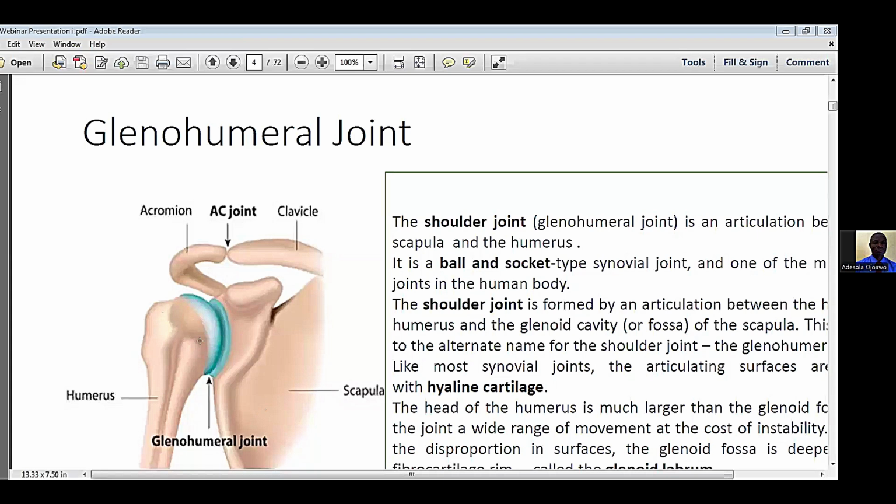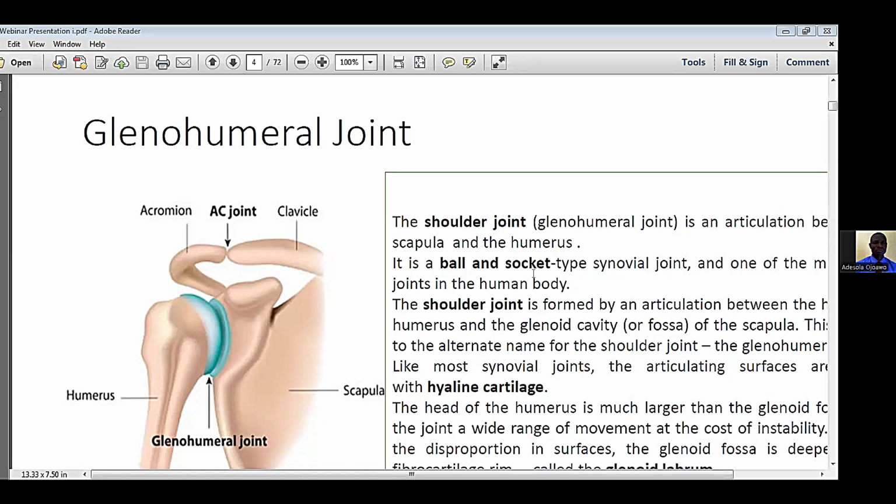It is made up of a ball and socket type of joint, a synovial joint in the human body, and one of the most unstable and free joints in the human body. The shoulder joint is formed between the head of humerus and the glenoid cavity of the scapula. This now translates into the name shoulder joint or glenohumeral joint.